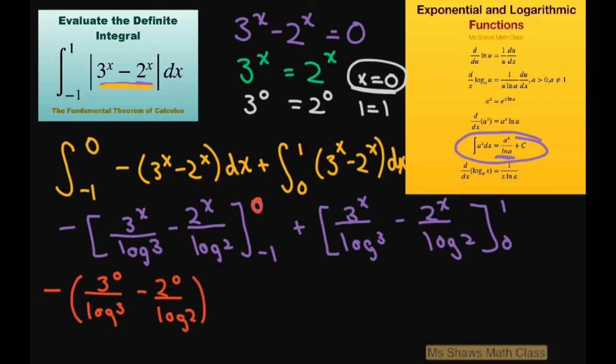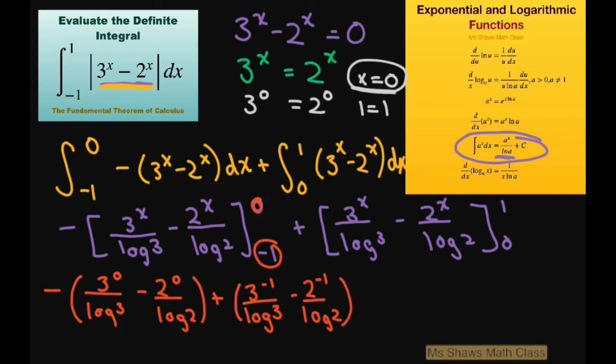And then you're going to write plus, and we're going to do our -1. So this is going to be 3 to the power of -1 divided by log of 3 minus 2 to the power of -1 divided by log of 2.